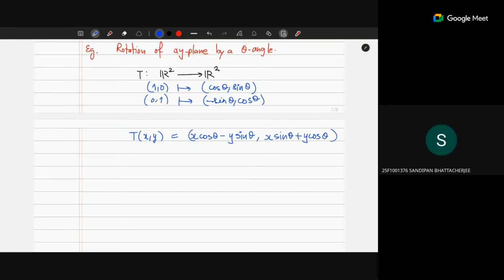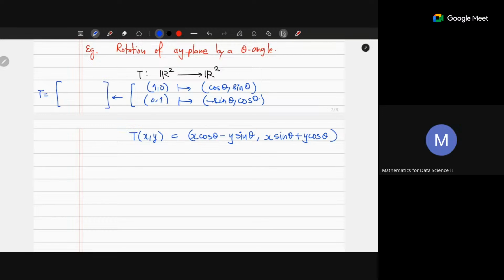Any doubt? No, sir. Good. This is how it will look. This transformation is called the rotation transformation of the xy plane, and you can also write down the matrix using this.